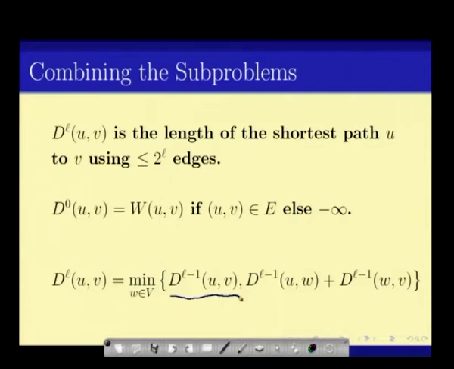In that case, there exists a w on the path such that if you follow that path, it gives the shortest path of length 2 to the power L minus 1 from u to w and the shortest path of length 2 to the power L minus 1 from w to v. Or in other words, if you sum them up and take the minimum over all the possible w's, you will get d_L(u,v).